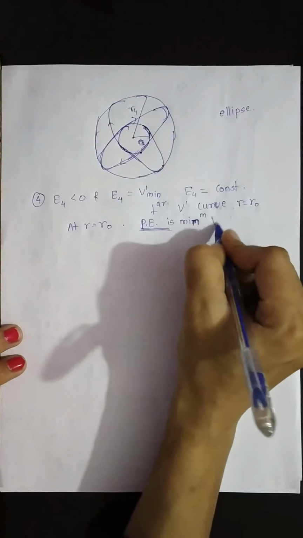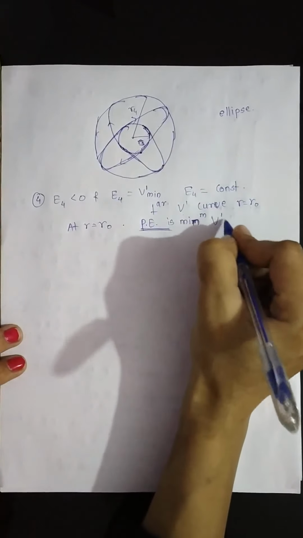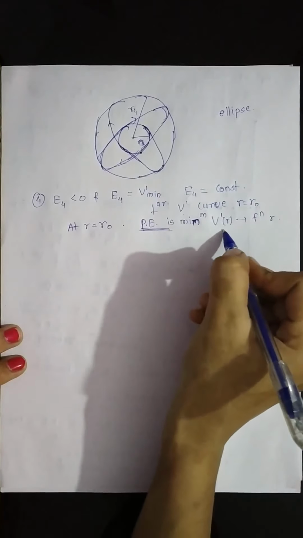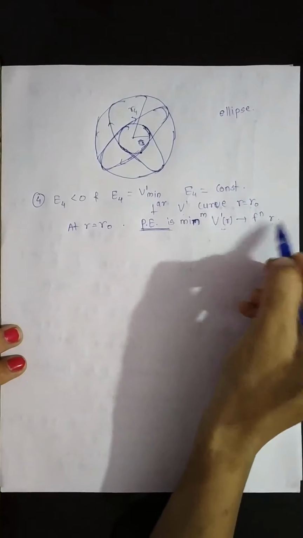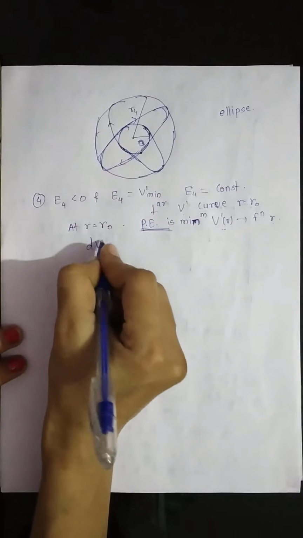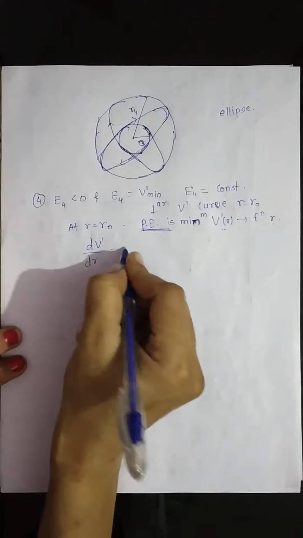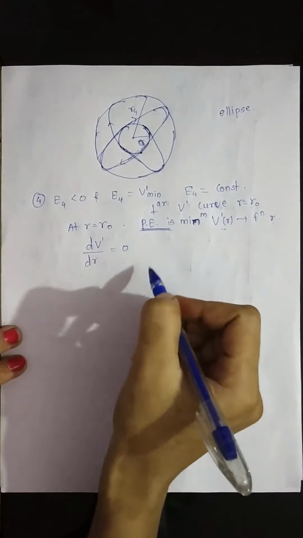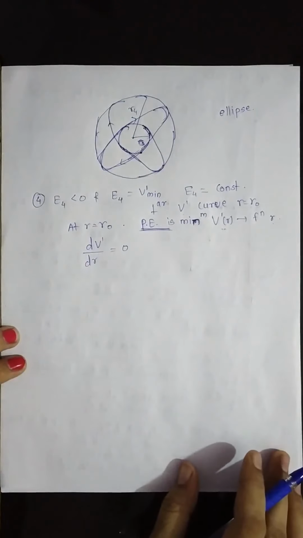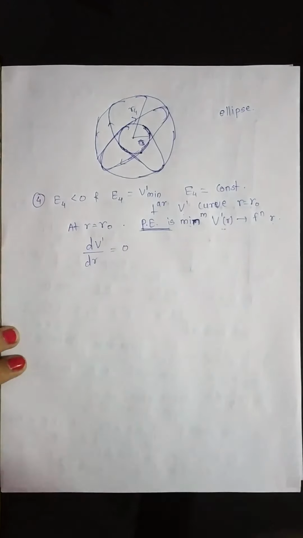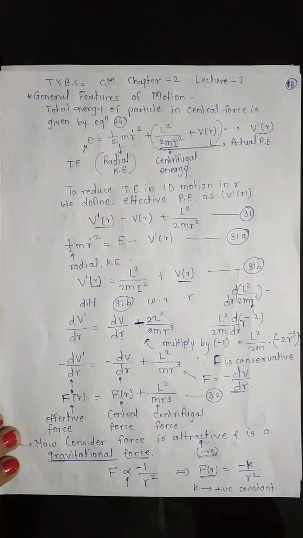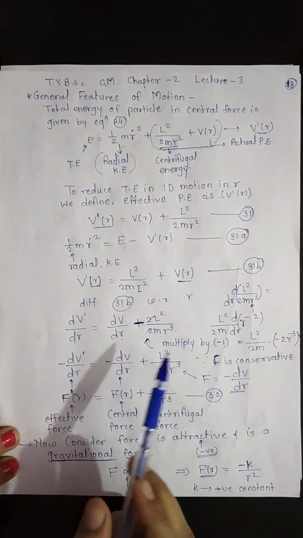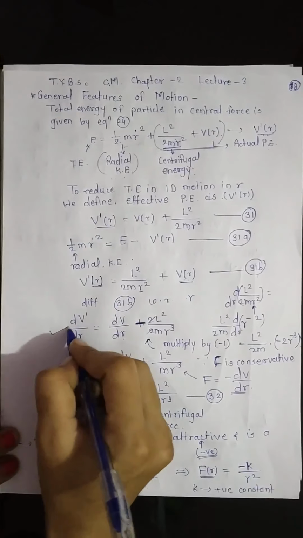Our potential V dash of r is a function of r, so I have to equate its derivative with respect to r to 0, that is dV dash by dr equal to 0. By equating this to 0, we will get the minimum value of the potential energy. So to find the minimum potential energy, we will use this equation.